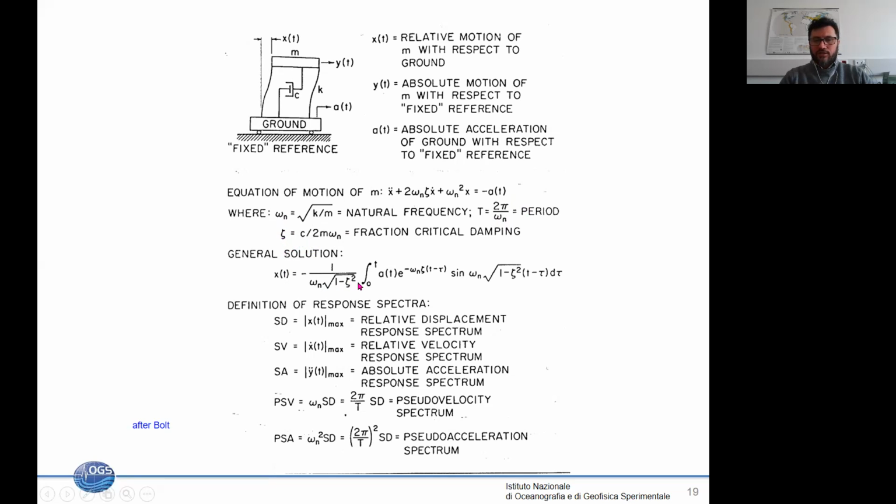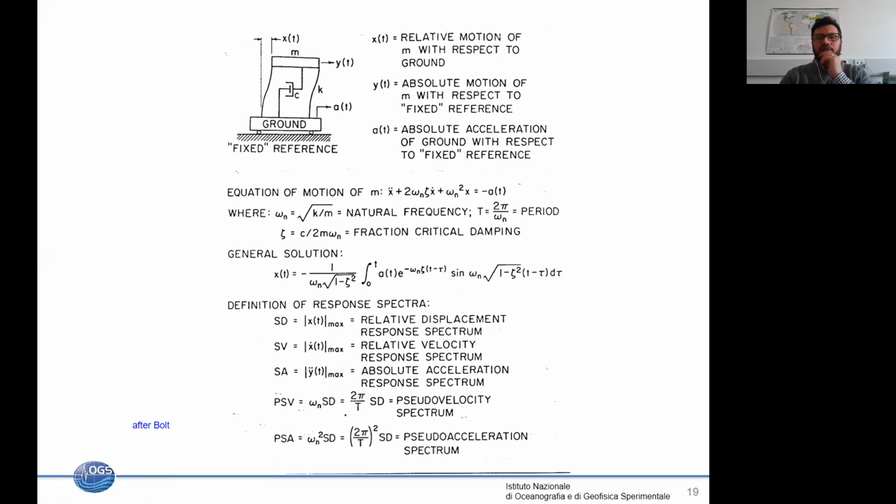This is the general solution, where you can immediately see the importance of the frequency as a scaling factor and of the damping, but also that the damping is entering in the integral, but especially that you have a sinus term that depends on the damping and on the frequency of the oscillator.